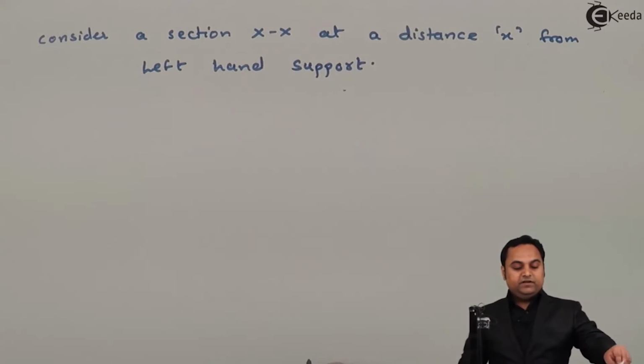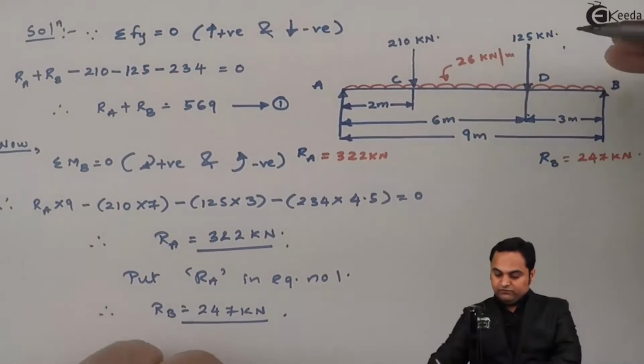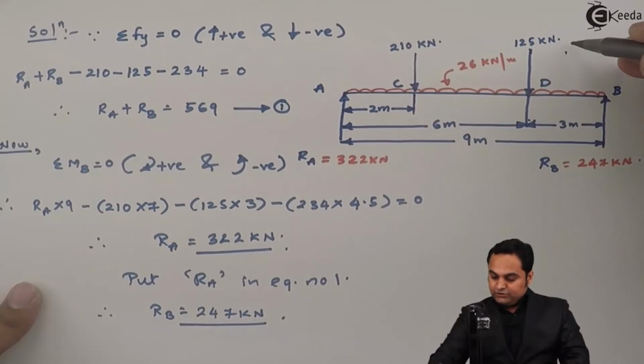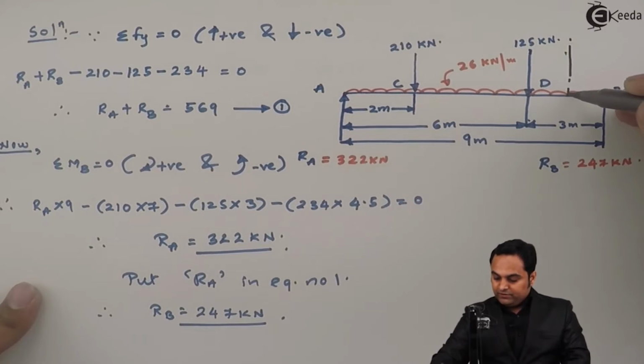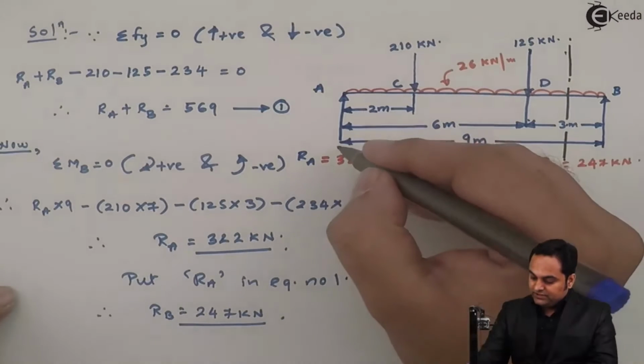So here I will be considering a section on this beam from the left hand support, far away from A and close to B. So here I am considering a section, and this is the section X.